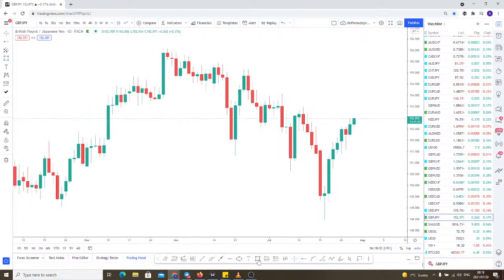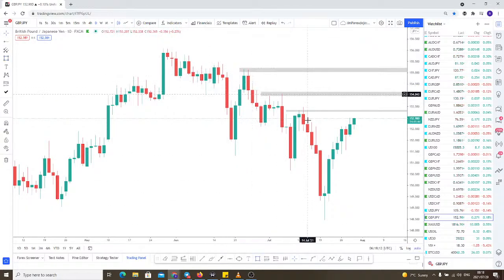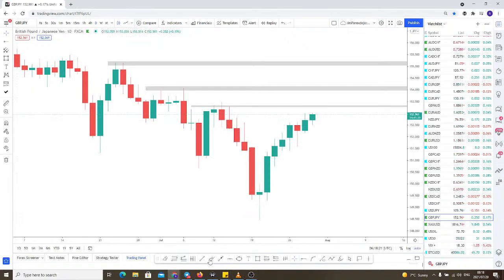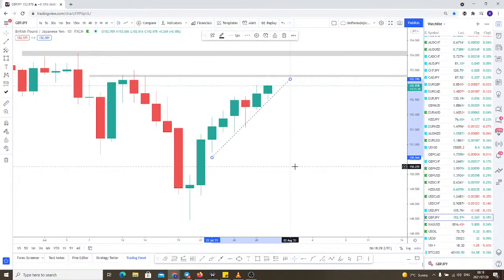So on GJ, I would look at entering any trade from probably these levels here, somewhere there, and here at the top. But currently, nothing there. And then let's see. There we go. Look at all that liquidity.